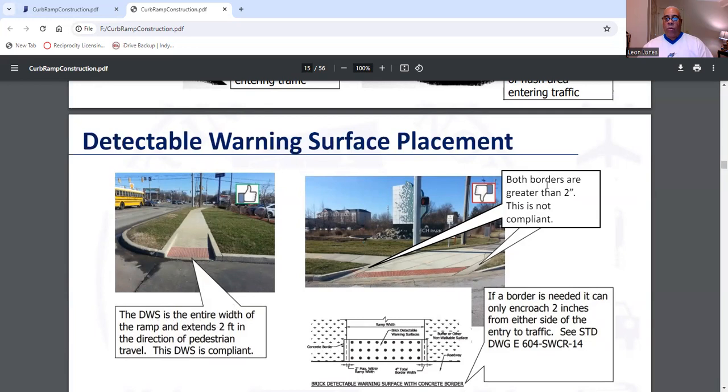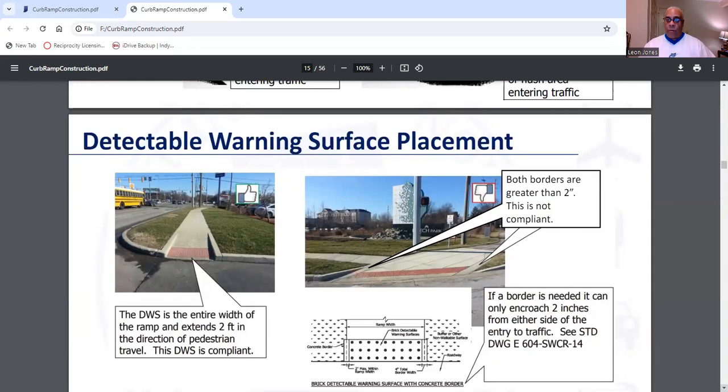Now, both borders are greater than 2 inches. This ramp is not compliant. Now, if a border is needed, it can only encroach 2 inches from either side of the entry to traffic. Again, want more on that, you go ahead and see the standard drawings.